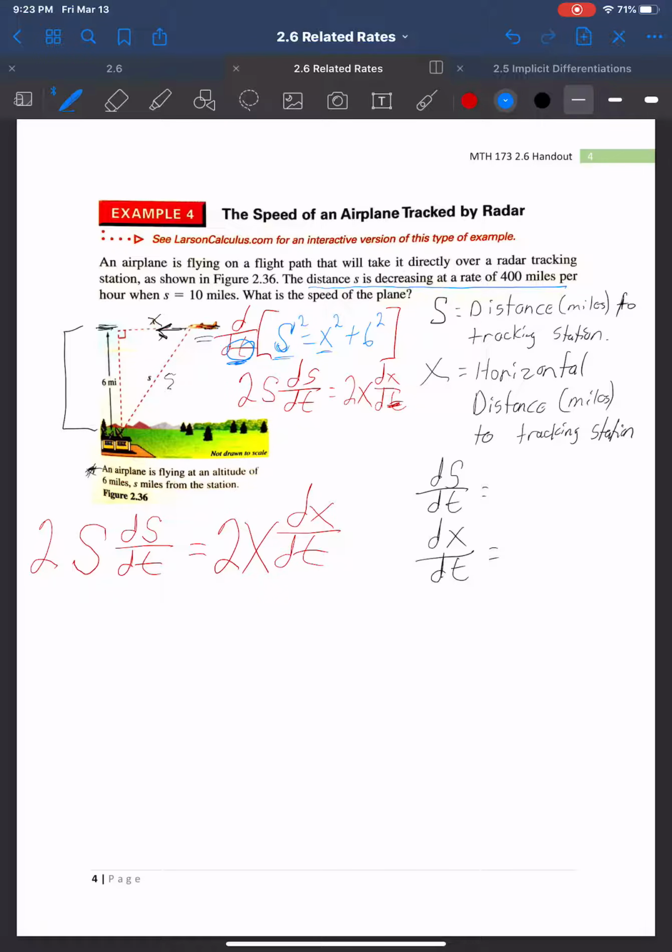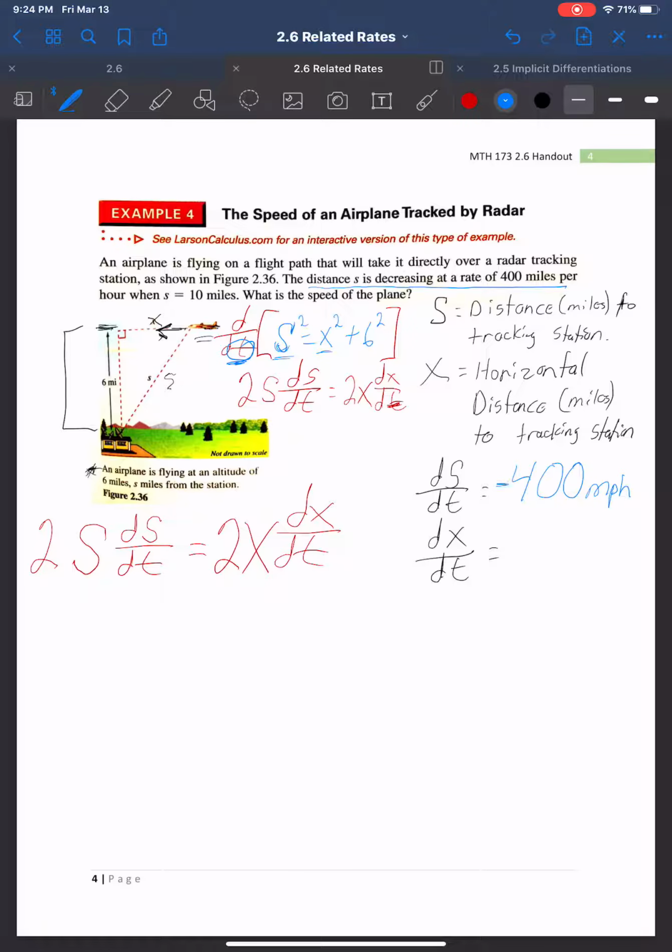So let me go ahead and write 400 miles per hour for ds/dt. Now, I'm going to make this 400 negative in just a second, and I'd want to make sure you know what word in that sentence tells us to use a negative. But ds/dt is the rate that we were given. So 400 miles per hour.